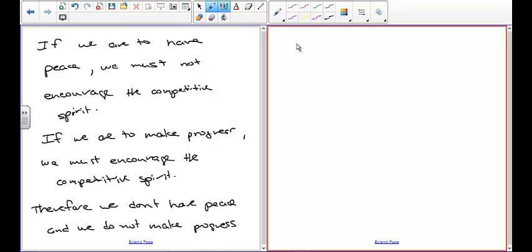So the procedure is you have to define what the statements are. So I would say statement P is this first part. We have an if-then statement. If we are to have peace, then we must not encourage the competitive spirit. So statement P is defined as we are to have peace.